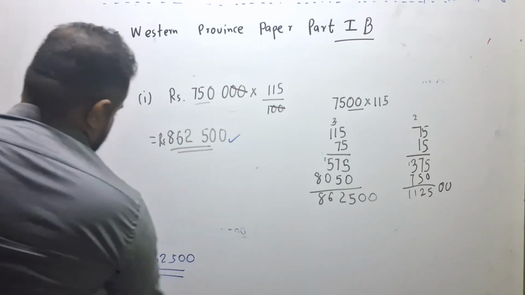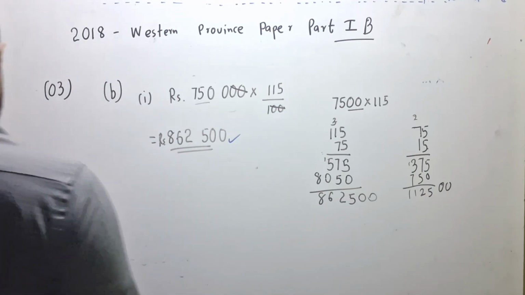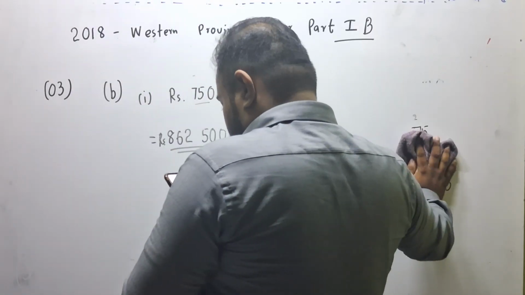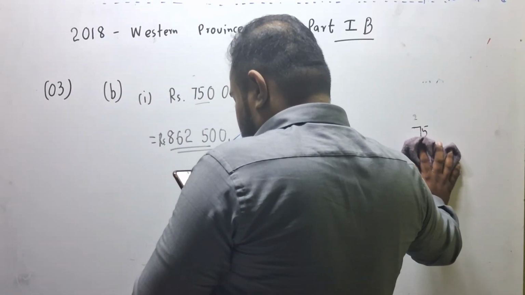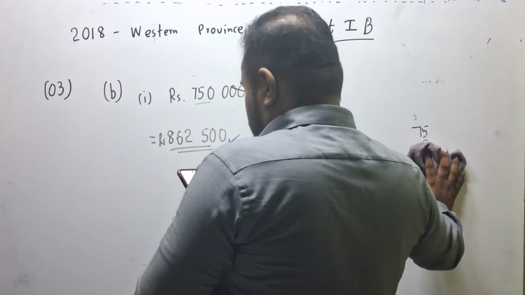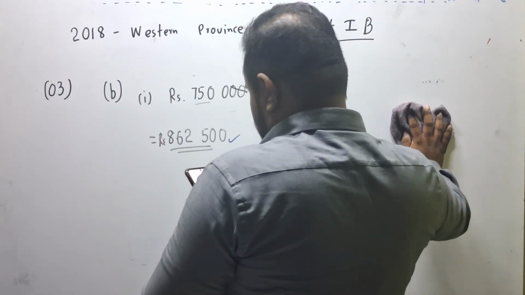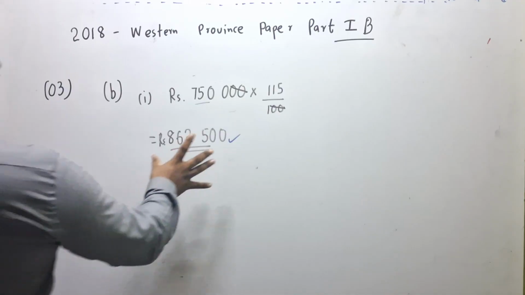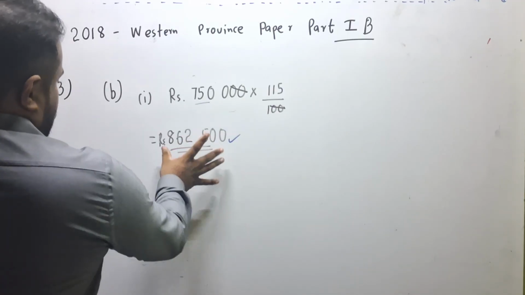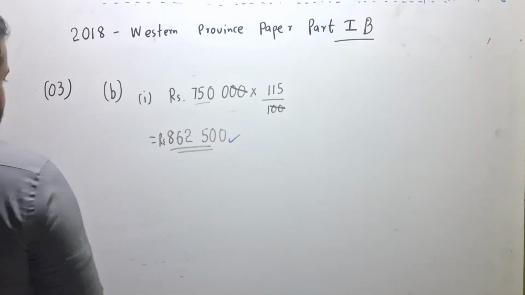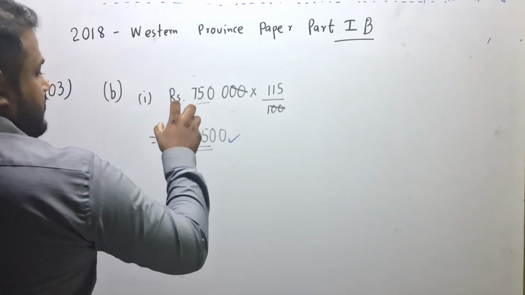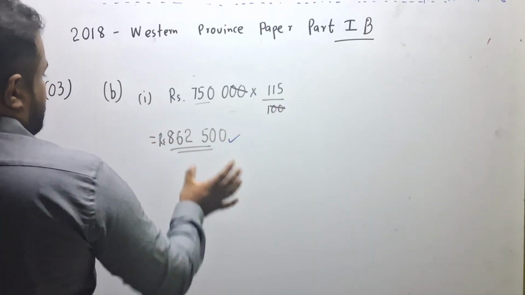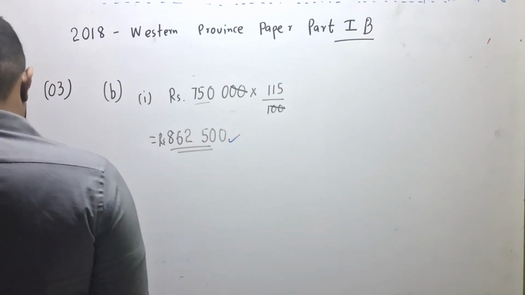Then question number 2 of part B. At what price should the car be sold to make a profit of 12%? Make a profit of 12%. That means now he has paid 862,500 rupees as the initial cost of the car. Now we want to make a profit of 12%. So multiply this by 12%.